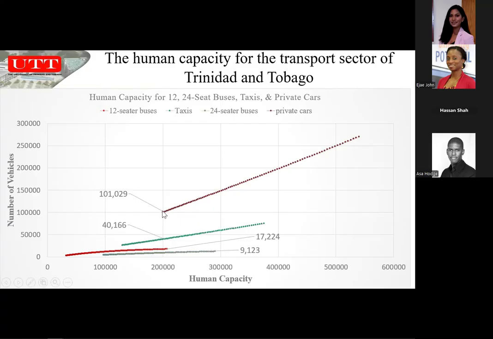So in order to accommodate 200,000 people, we would need approximately 100,000 private vehicles, or instead, we can use approximately 9,000 24-seaters. So we can see the significant decrease in the number of vehicles that we would need to accommodate that number of people.